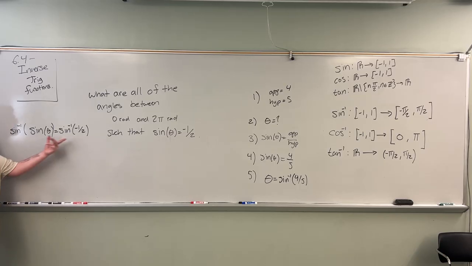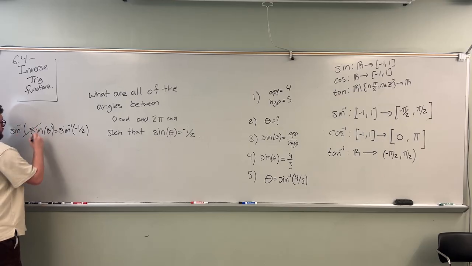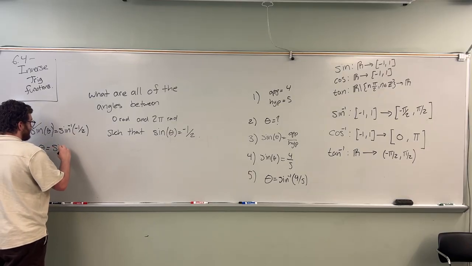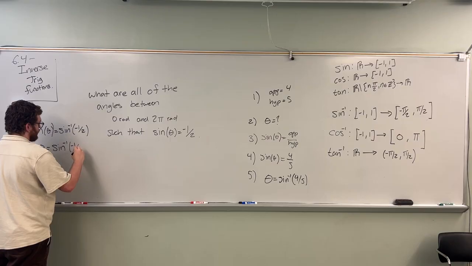So I take the inverse sine on both sides. I cancel this out. So I get just theta. And that's equal to the inverse sine of -1/2.